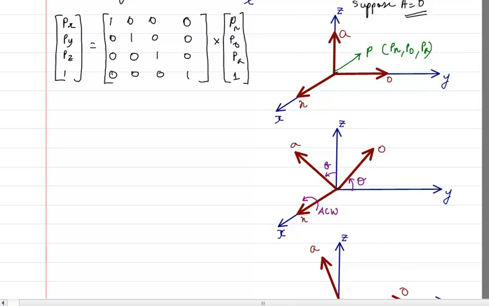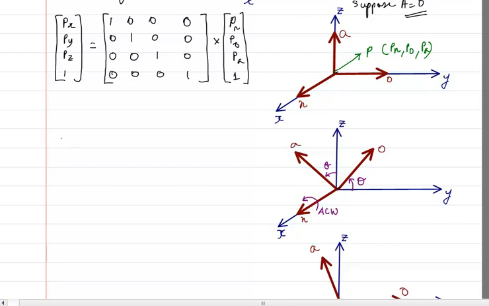So in that case, if there is a vector, just like here we have P, what is the transformation matrix that we have to apply? So let's write for this particular case: rotation of the frame with respect to the x axis, or with respect to the n axis.